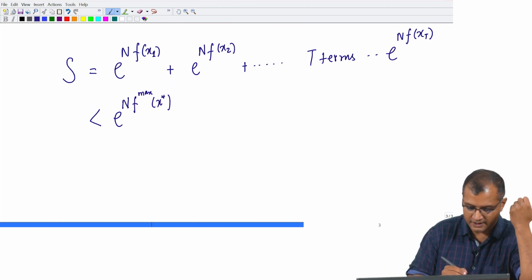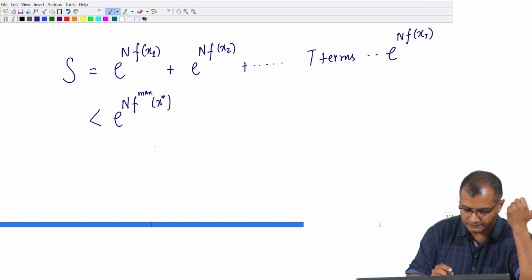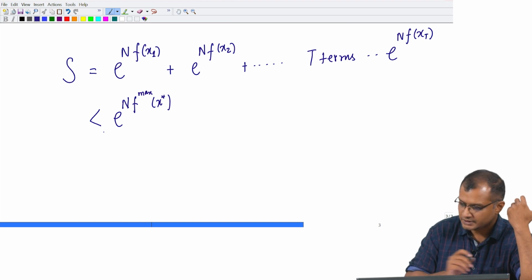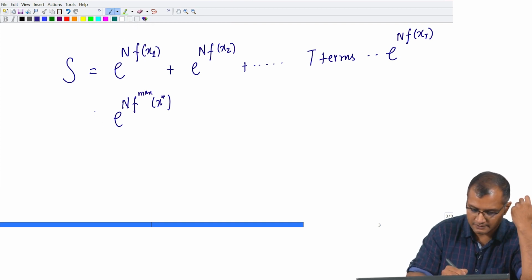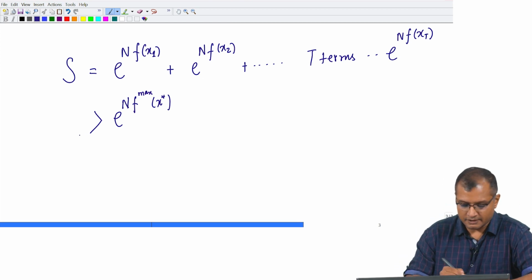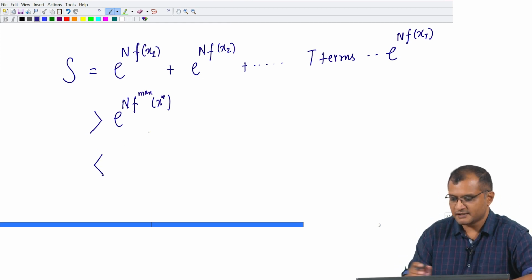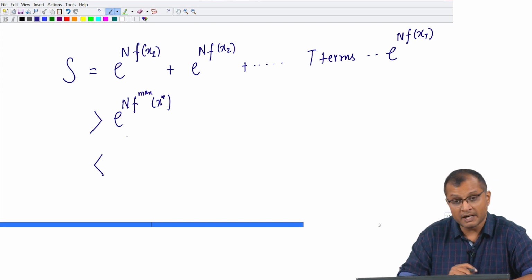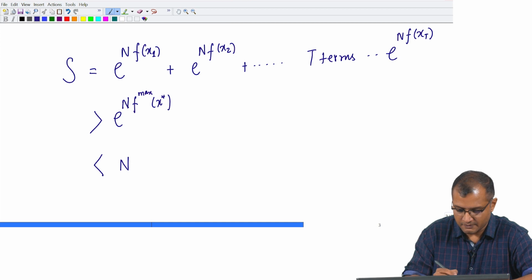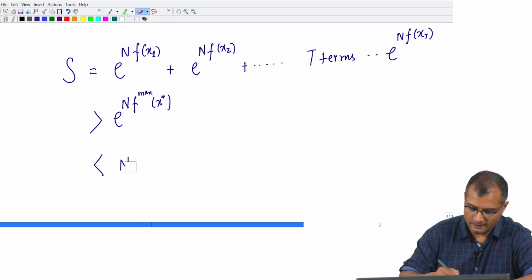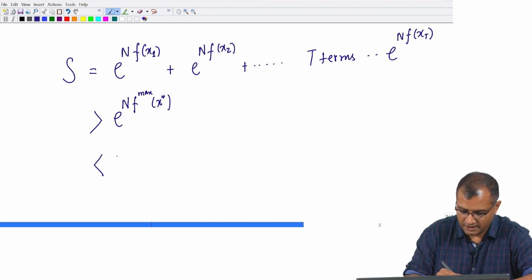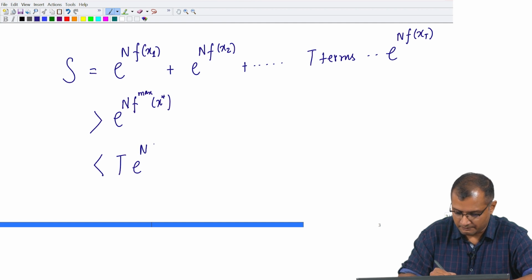And I can definitely say that my summation. So, this is very clear, and I have to say that, in fact, I have made a small error here, it has to be definitely greater than, okay, and it has to be definitely less than. If I replace each term in the summation by the maximum, then I would get t times the maximum.